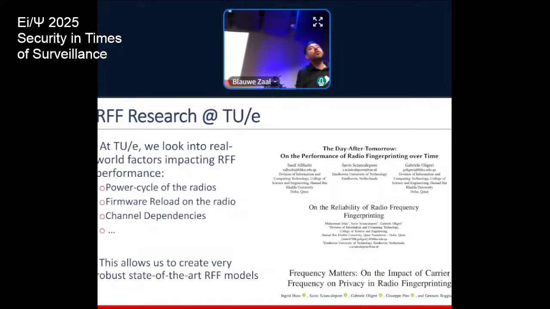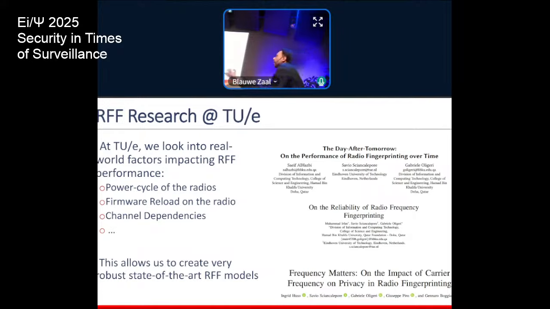We discovered, for example, that simply power cycling the devices changed the fingerprint of one device. And in some devices, even reloading the firmware changes that fingerprint a bit. Based on that, we were able to come up with models that are very robust to small variations triggered by these embedded systems.